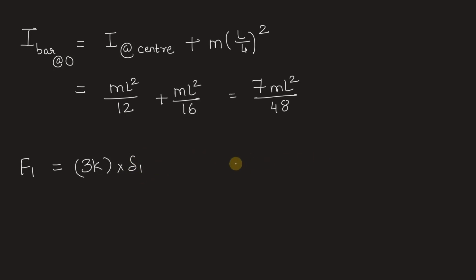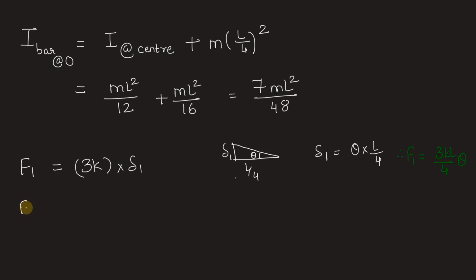Now delta 1 can be found just from this triangle because theta is small, so delta 1 is equal to theta into L by 4. Therefore, we get F1 is equal to 3K L by 4 into theta.